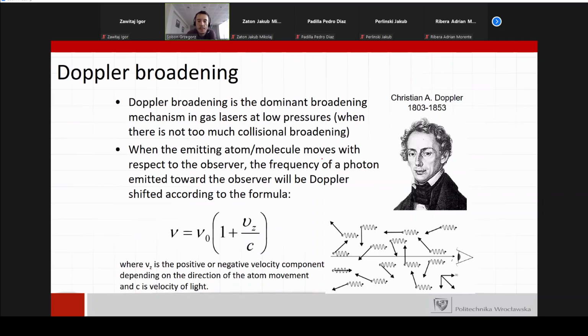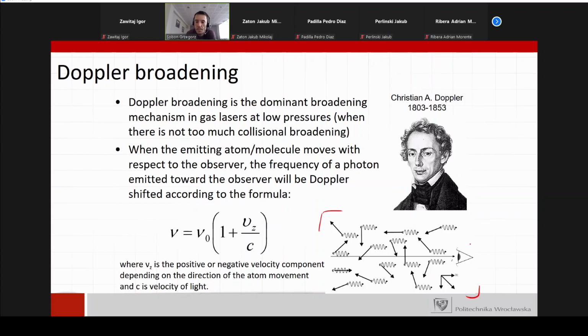So the principle is that you're aware of the Doppler effect. When some object that is emitting waves is moving with respect to the observer, the observer will observe a changed frequency, right? And the same applies to the photons emitted from atoms. So you can see it here on this illustration.